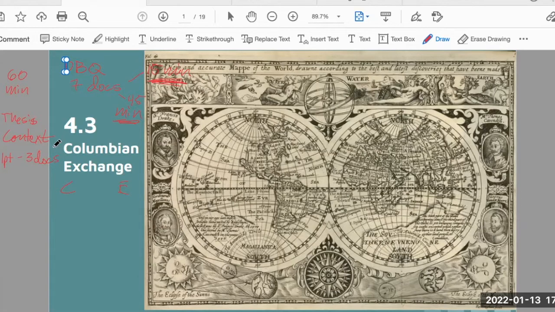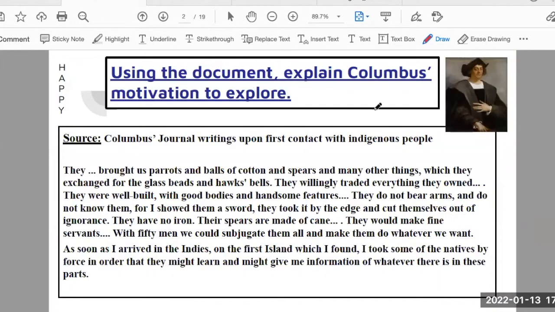Okay, so for instance, if this was one of your documents that you had to do a content statement, meaning that you summarize it, you would simply say that in document 1, Christopher Columbus details the first contact he had with the Taino people and his perspective or perception of the Native Americans, who he assumed were actually Indians, because he assumed he had arrived in Asia rather than in a new continent. That would just be a summary.